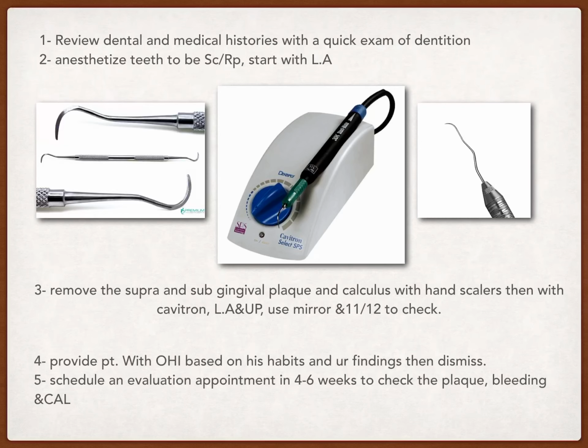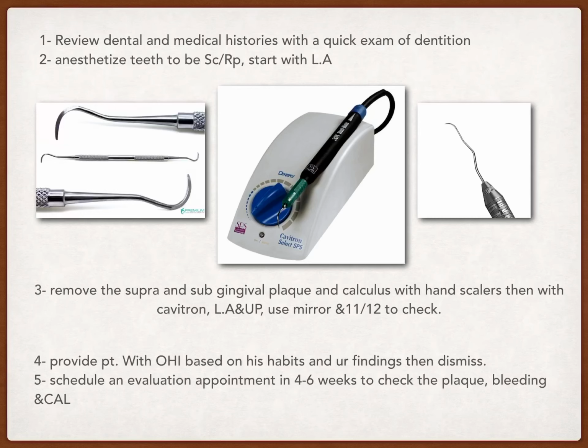Using a mirror is of major importance in this situation, because you cannot sit under the tongue of the patient and see that aspect of the teeth from that view, so it is very important to always use the mirror during your checking procedure after the scaling and root planing procedure. After that, you should provide the patient with oral hygiene instructions based on his habits and your findings, and then dismiss the patient.